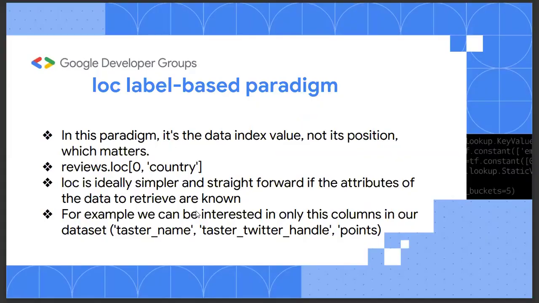Okay, moving on, let's look at the label-based. loc is a label-based paradigm. And in this paradigm, it is the data index value, not its position, which matters. For example, remember even loc is row first and then column second. But for this case now, we only put the index for the rows, but for the columns, you have to write the column name.